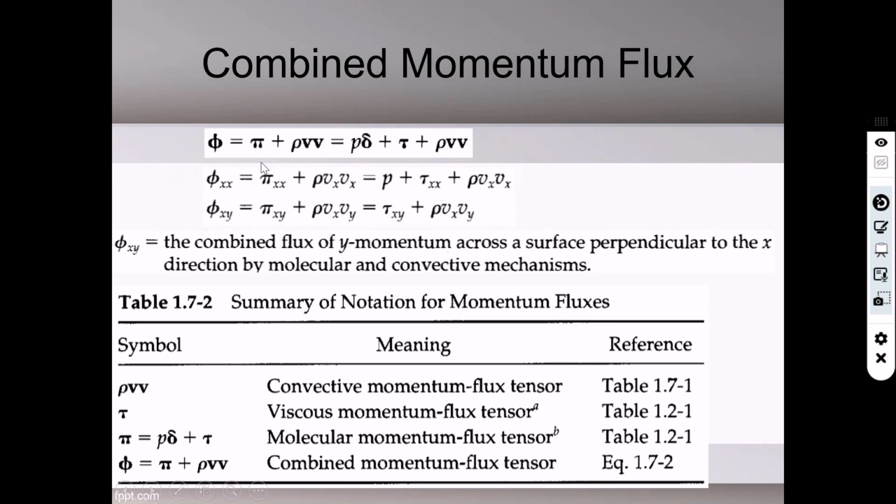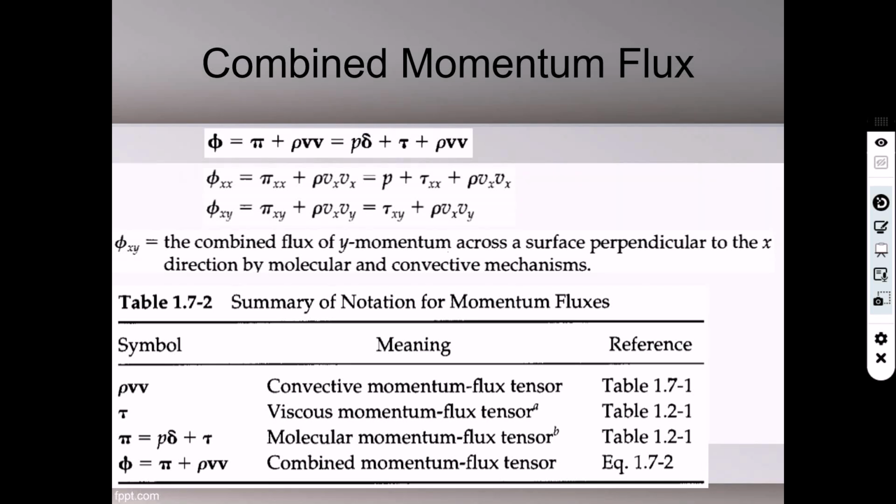Phi can be written in two ways. One is with the pressure, if the two indexes are the same. If the two indexes are not the same, we don't have a pressure because of this delta function. Here they didn't write down the phi, but anyway, you know how to write it down. So this phi has 9 components.